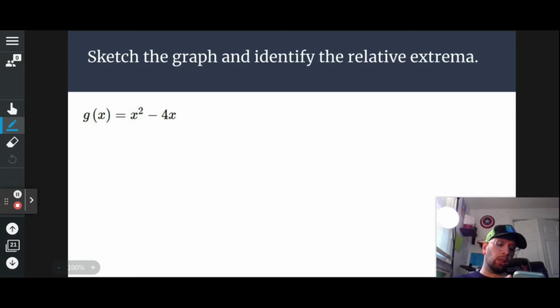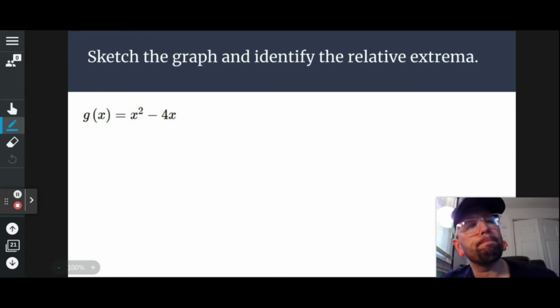So using the old internet, using Desmos, I'm going to make a rough sketch of x squared minus 4x. It's going to look like this.